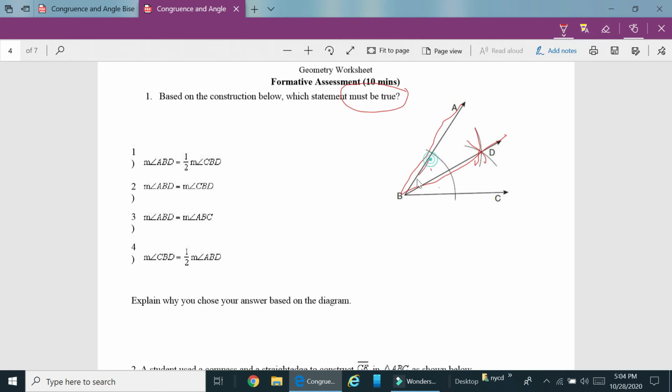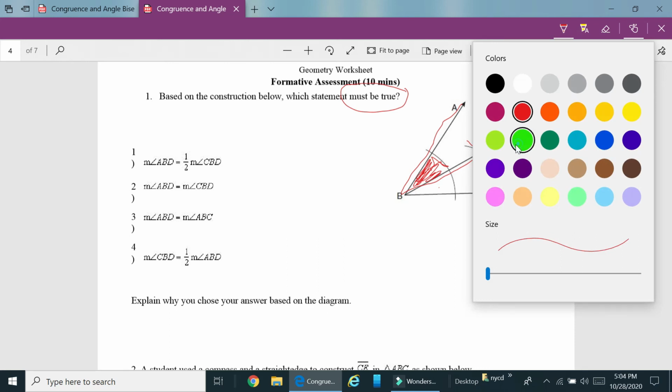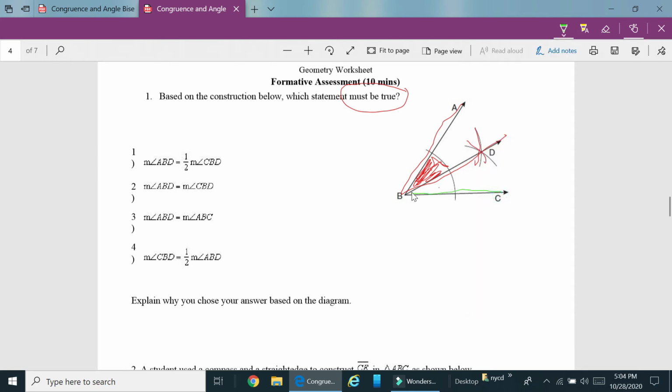So what this is saying is CBD, I'll use the highlighter, they're saying it's half of CBD, meaning the angle is half of this right here. Is that equal? No. See, the wording could be a bit tricky. You have to translate all of these.